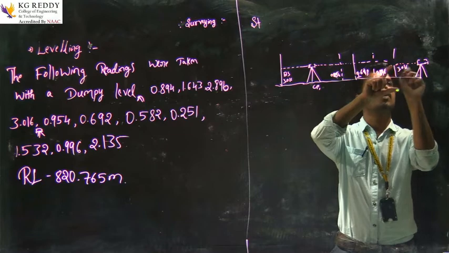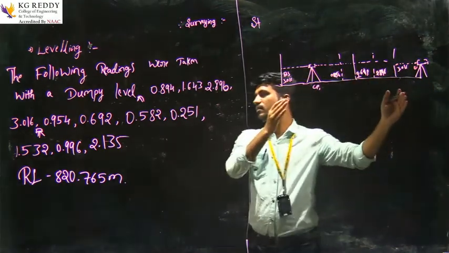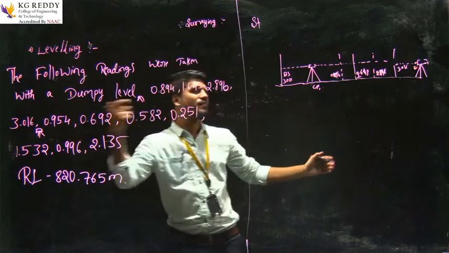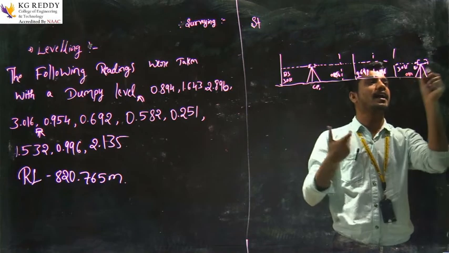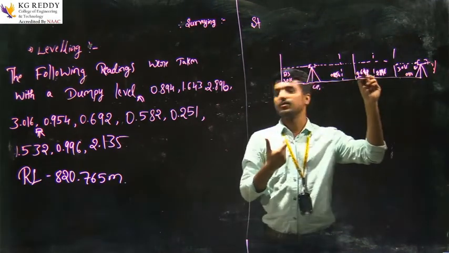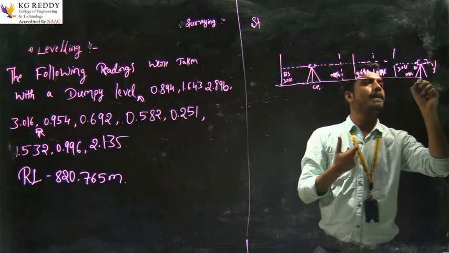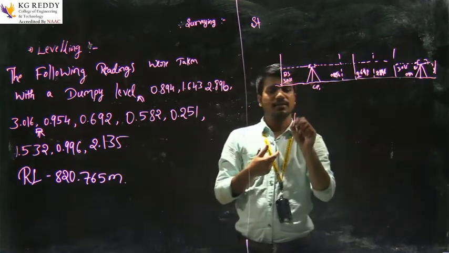and again we have to take the back side of the second station. What is the reading here? The reading 0.954 is the first back side reading of the second station, and it continues into the levels, which is IS 0. I will write it below in the second setup.